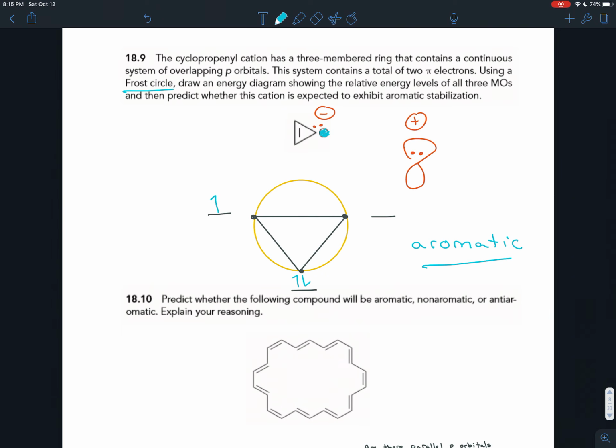So if you filled those in, you would have 2 unpaired electrons, and the molecule would be anti-aromatic. That's if you had a lone pair there. We didn't. We had a positive charge, so you didn't have those extra 2 electrons, and so the molecule was aromatic. So that should give you a sense of how you can use those frost circles to predict the aromaticity or anti-aromaticity of a conjugated ring.